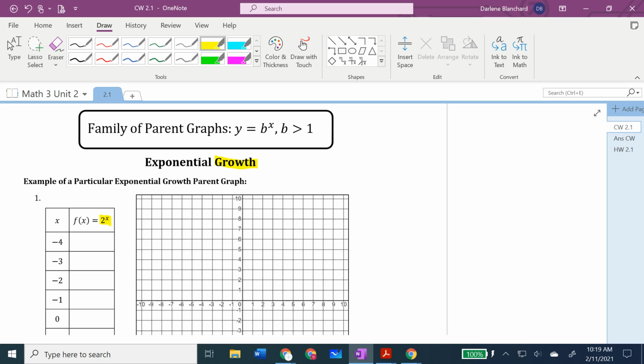Now, I want to emphasize that the number we will be using for the base is only going to be for numbers that are larger than 1. That is what will create growth. If you are investing money, you want to have a base that is greater than 1.